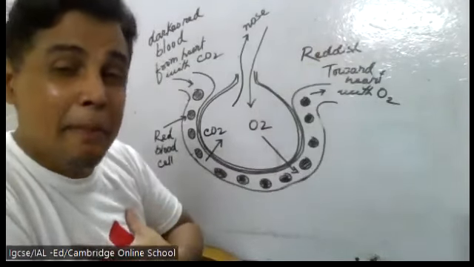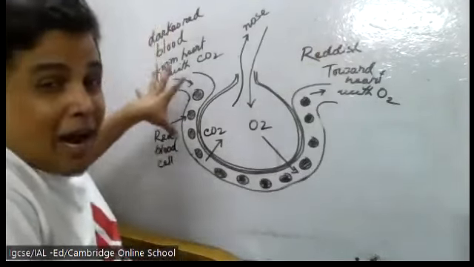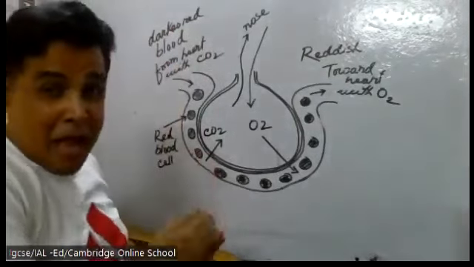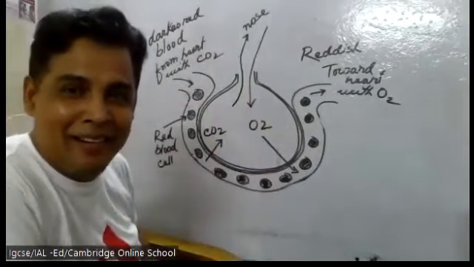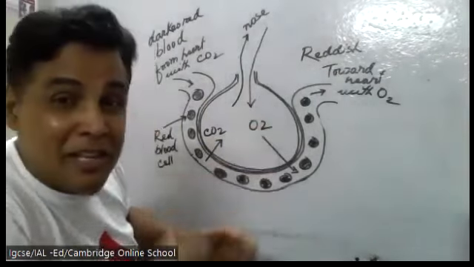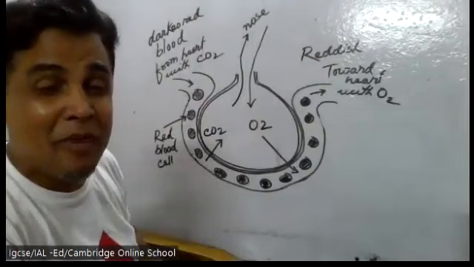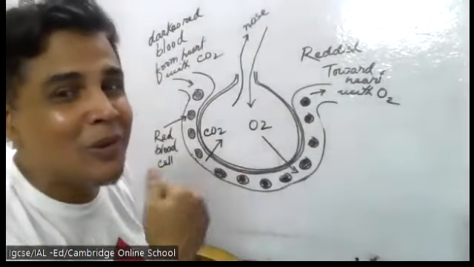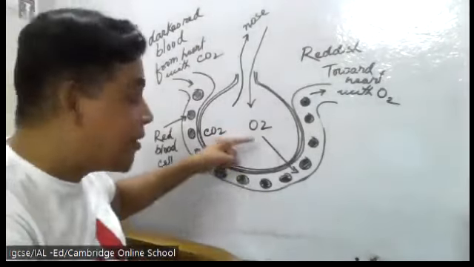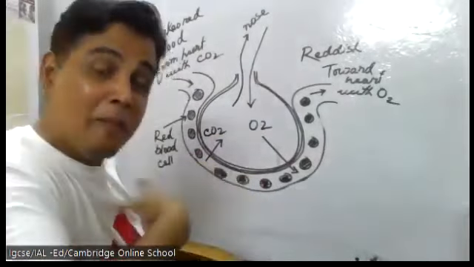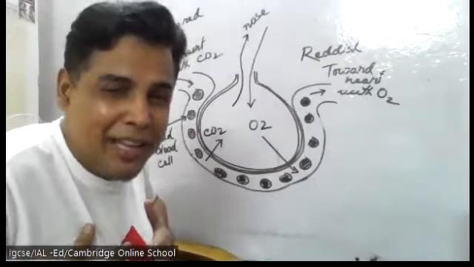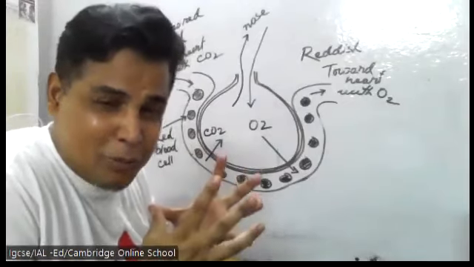So the lungs are the machine where dark blood, bad blood comes, and at the time of going, it becomes reddish blood. How? Again the mechanism, diffusion. What is diffusion? High to low. So oxygen enters the blood from the lungs, from the tubes.